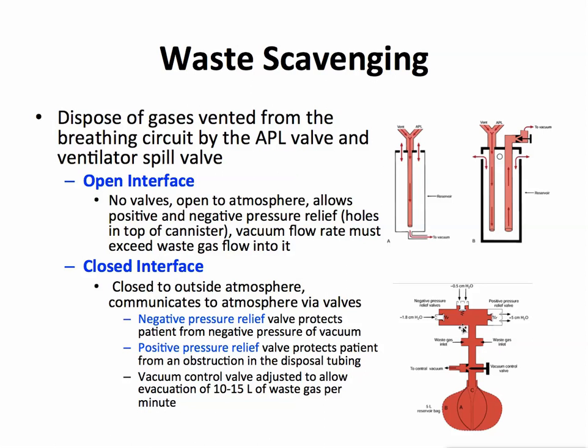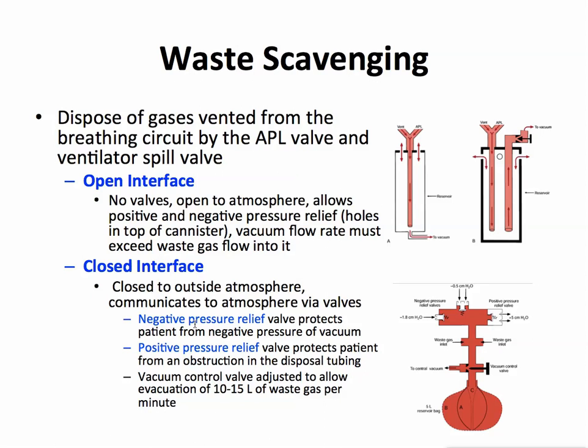As opposed to a closed interface system at the bottom right, it's closed to the outside atmosphere and communicates to the atmosphere via valves. There's a negative pressure relief valve that protects the patient from the negative pressure of the vacuum, i.e. if you had a vacuum sucking gases out at very high pressure, potentially you could suck the gases right out of the patient's lung.